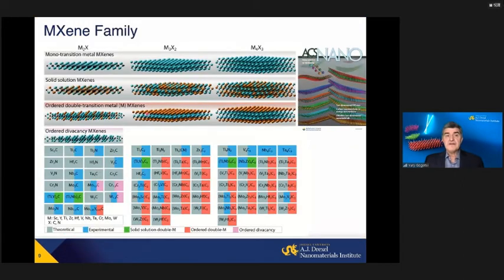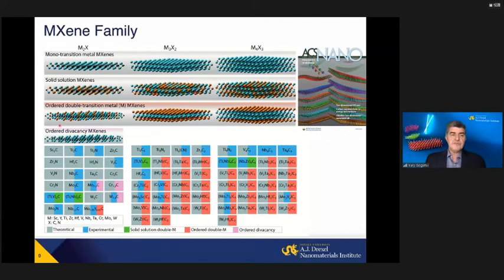Moreover, we can make not only pure structures, we can make atomic sandwiches where one element like moly is on the surface and another element like, for example, titanium is squeezed in the middle. It's also possible to make structures with alternating atomic columns of different transition metals, for example, moly and yttrium or scandium.